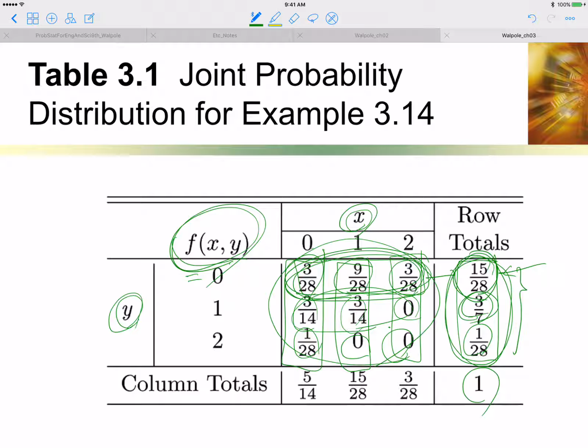So this is actually the probability of x being equal to 0, and this is x being equal to 1, x being equal to 2.